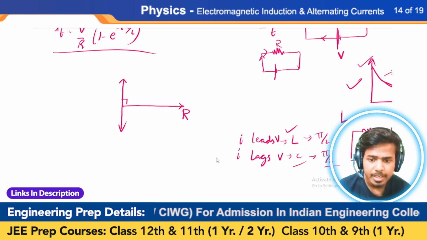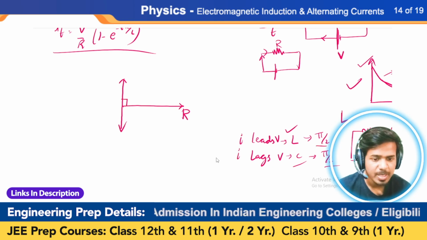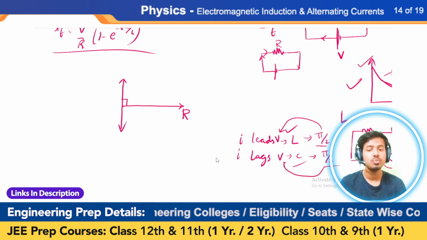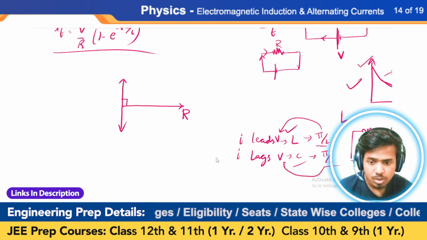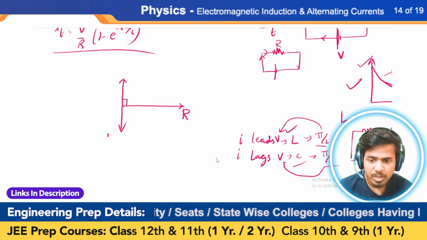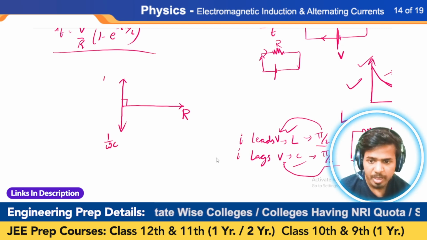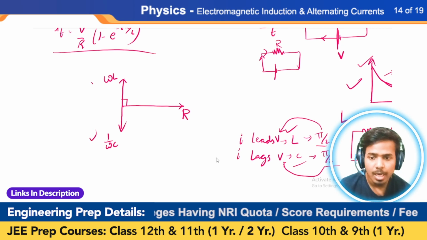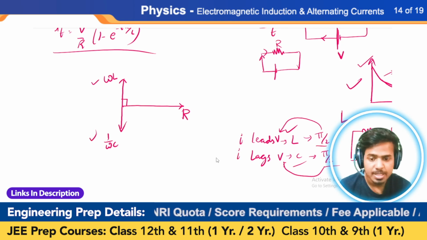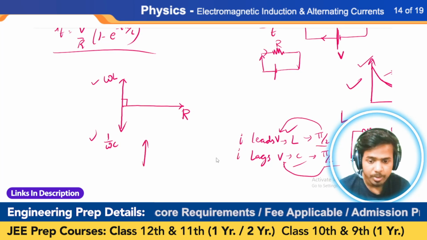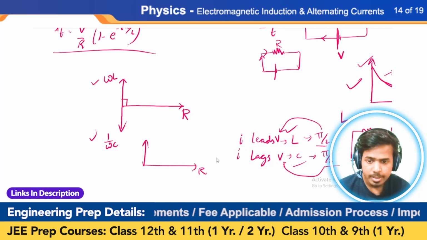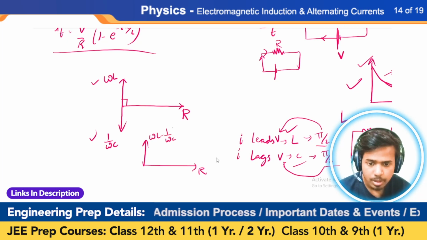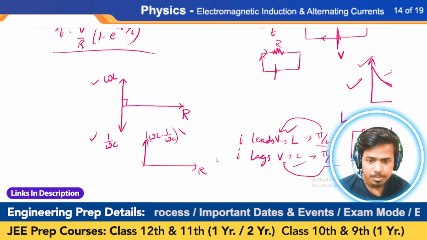One is plus pi by 2, one is minus pi by 2 with respect to voltage. So this is 1 by omega C and this is omega L. Now the effect of these two are opposite to each other, and I can represent this as R, and this is simply omega L minus 1 by omega C, or in other words X.